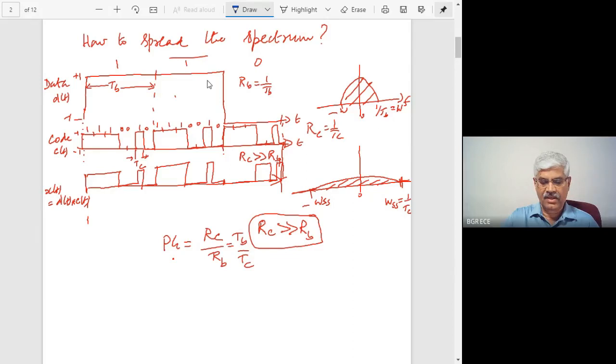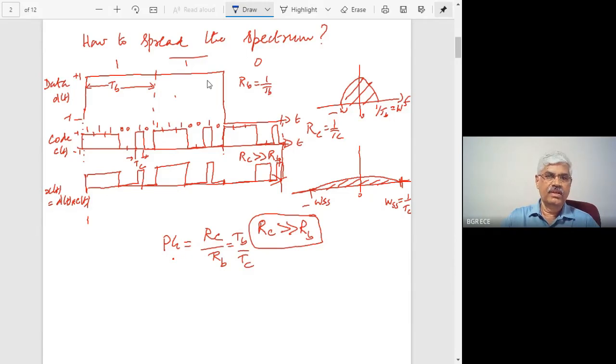So first we understood what is spread spectrum, then we said what its applications are, and then we said how to spread the spectrum. We just took one example like this, where we used a code, and we have understood what should be the properties of the codes to be satisfied for this purpose.